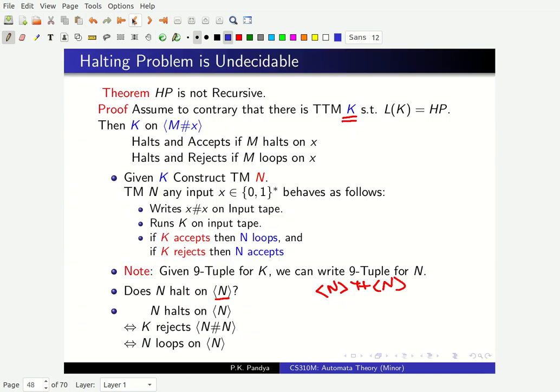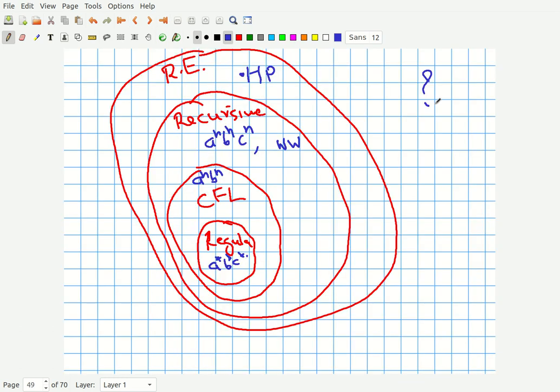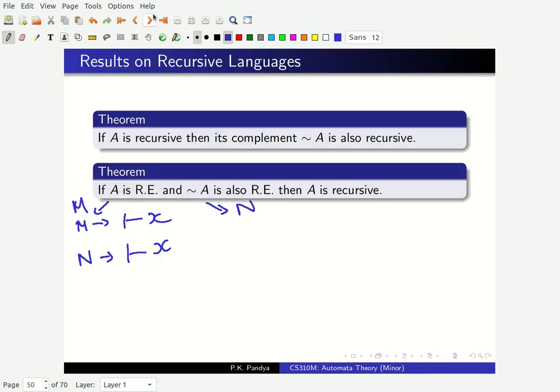So if I go back to my diagram, here I have got a language which is not of HP. In fact, any language you take here which is not in recursive, its complement will come outside. So complement of any RE language which is not recursive is non-RE, right? This is what this theorem proves.